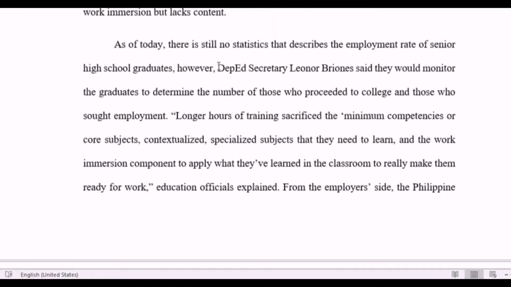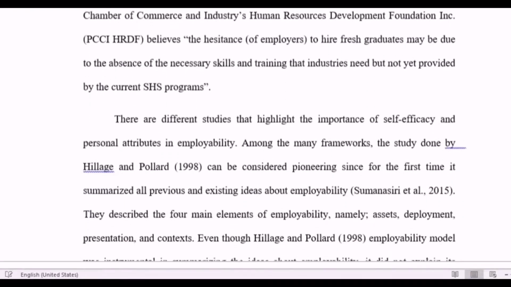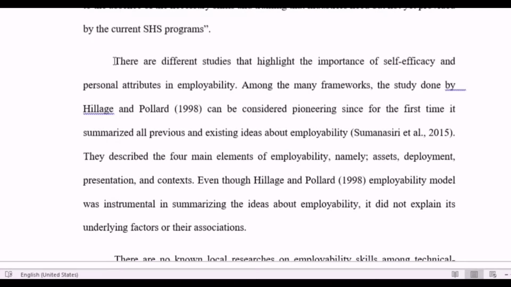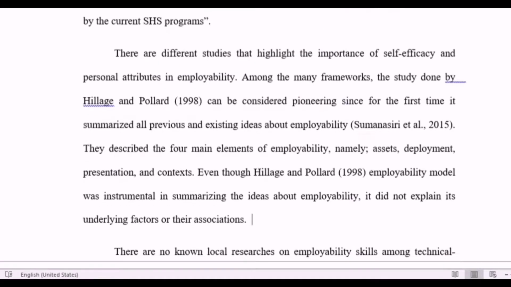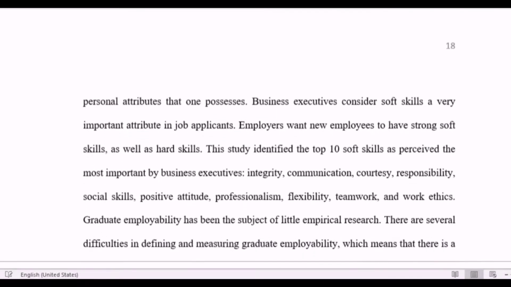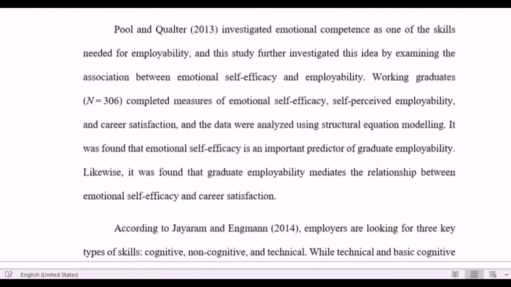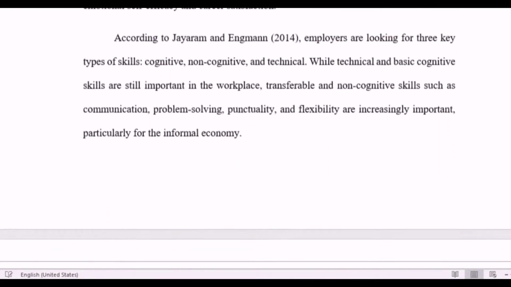And then he cited also, or she cited, Department of Education. And then pumunta siya after the literature, focused on the topic, pumunta na siya ngayon sa mga different studies about the topic. Okay, so ayan, different studies about employability.